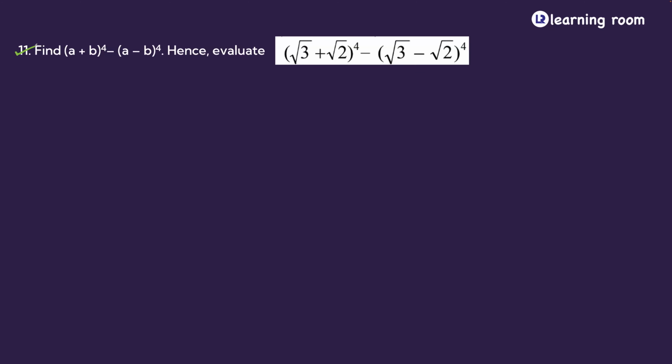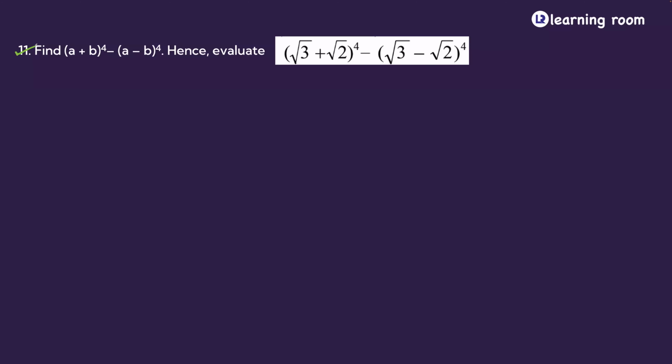Okay. So you will not do this separately. What we'll do is, for this problem, first we'll solve (a+b)^4 plus (a-b)^4. You will get one expression that is to be used like a formula to solve this. So what is (a+b)^4?